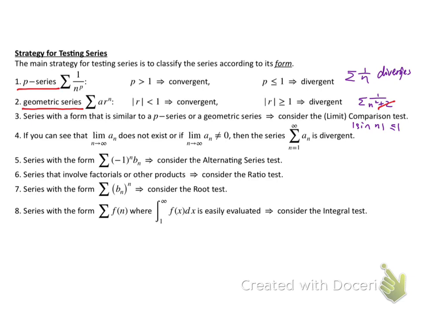If the series doesn't have a very easy form similar to a P series or geometric series, and you do see the limit of an goes to 0, we are going to get into some more complicated tests. Alternating tests: when you have an alternating test, you probably do it after the ratio or root test fails, because those are for the absolute value.